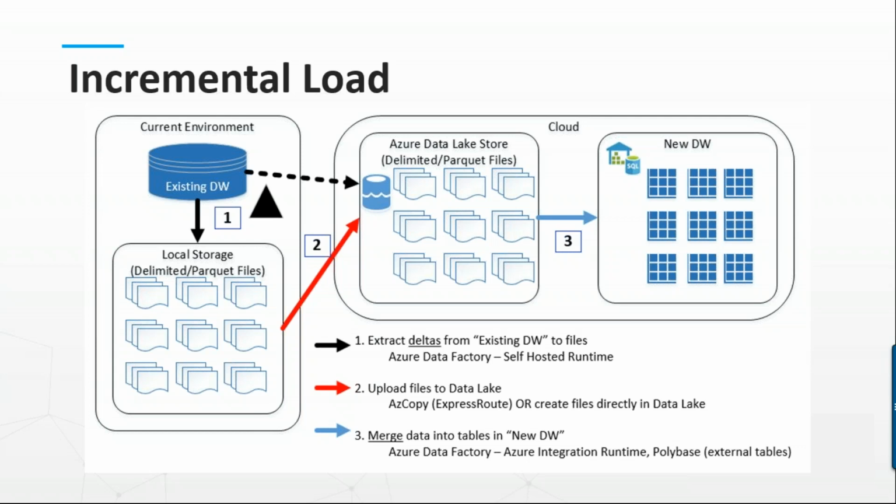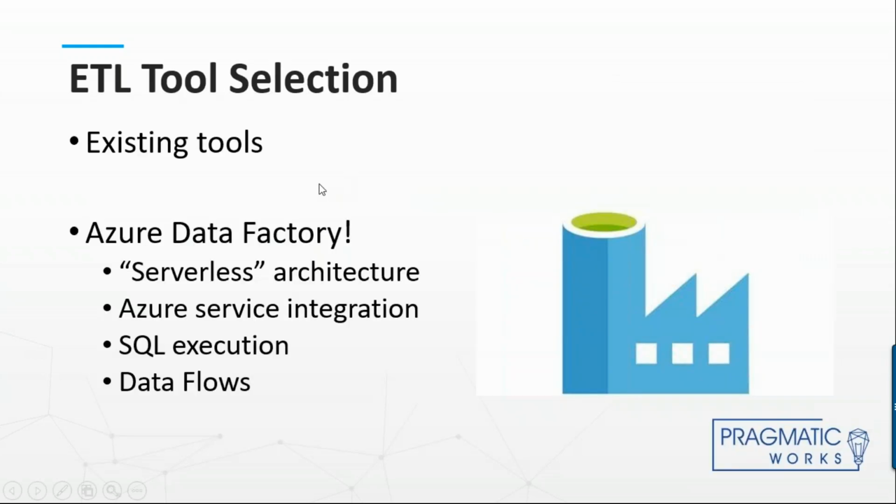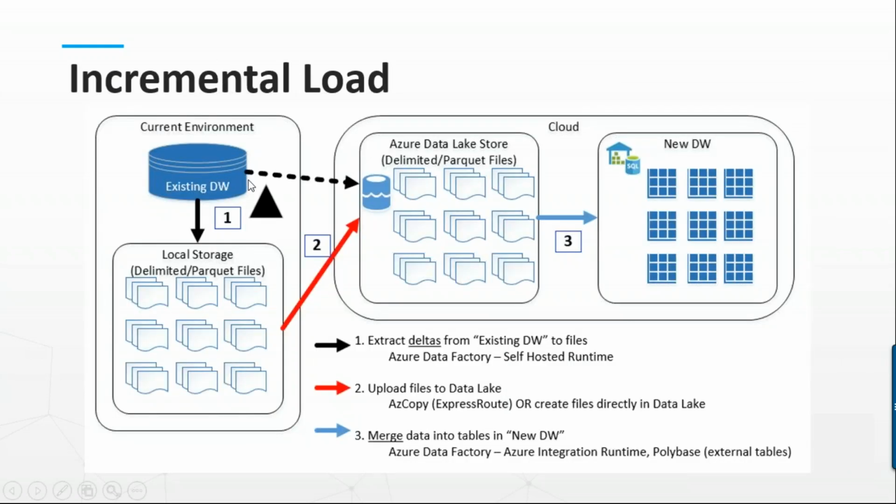If my files are sufficiently small on an incremental basis, and I'm looking at this dotted black line here, it's entirely feasible to create those files all in one motion with an extract of data from the data warehouse and then creating those files directly on Data Lake, which saves me the step of exporting them locally and then copying them up to Data Lake. But the high-level process flow there is still similar, but I'm only pulling those deltas or those changes from the existing data warehouse.